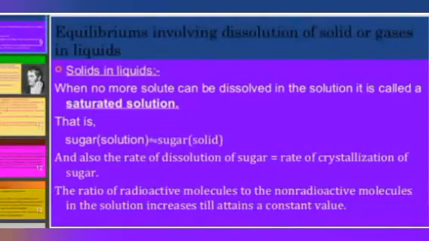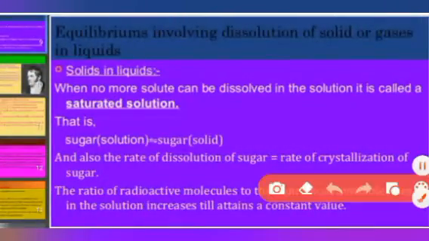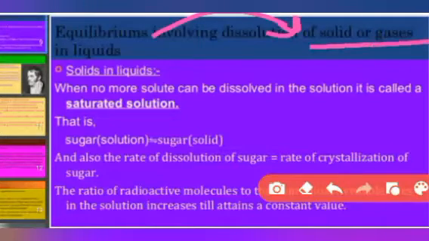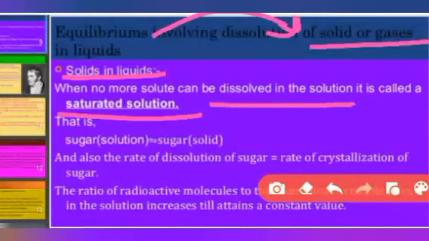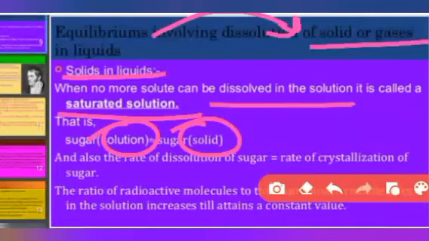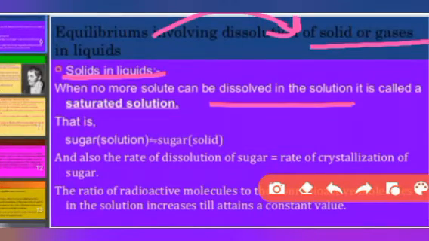Equilibrium also involves dissolution of solid and gas in liquid. For solid in liquid, when no more solute can be dissolved in the solution, it is called a saturated solution. In the case of sugar, when sugar is in solution form and in solid form, if we add more and more sugar to the solution, it will not allow more sugar to dissolve.